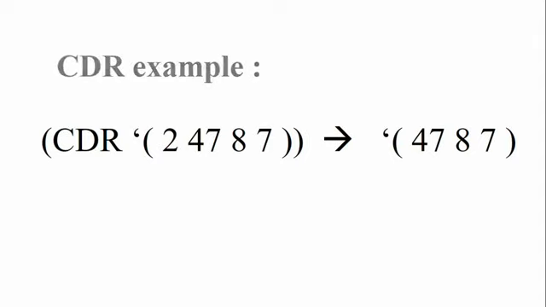Another example, if you give CDR A, B, E, D, it will return everything except the first atom in the list, the other atoms in the order which you have given.